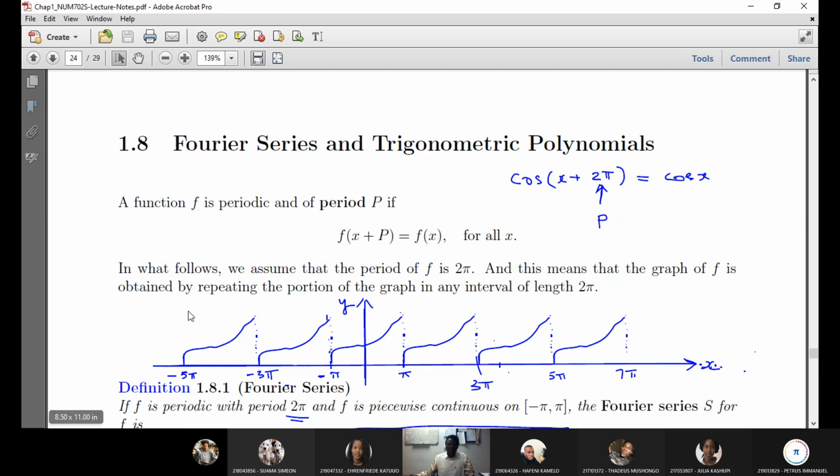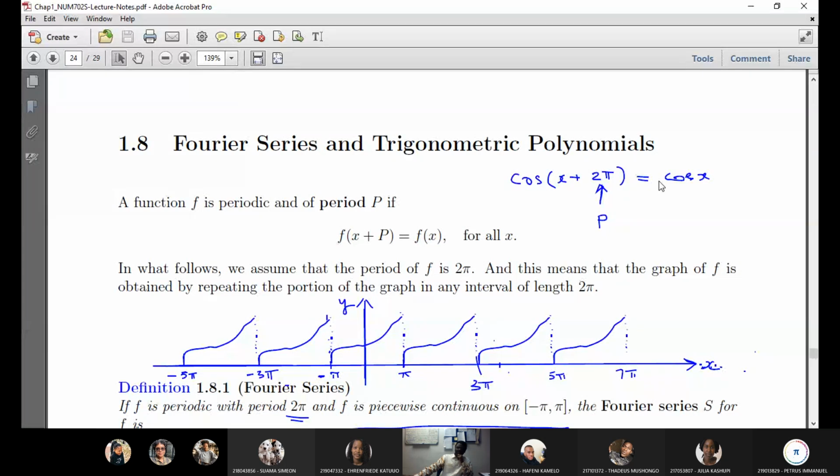A simple case of a periodic trigonometric function is the cosine function. If you compute cosine of x plus 2 pi, you still get cosine of x. It will give you exactly the same result.